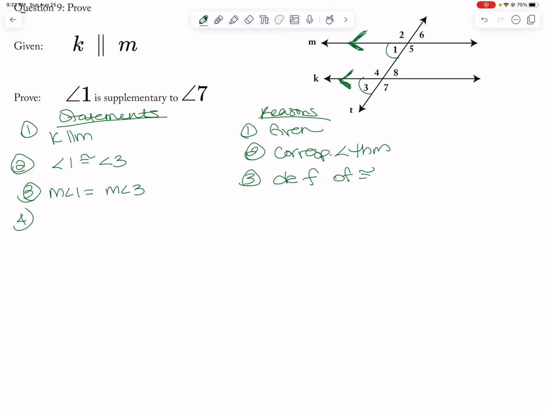And then I should say measure of angle 3 plus measure of angle 7 is equal to 180. And that is the angle addition postulate.